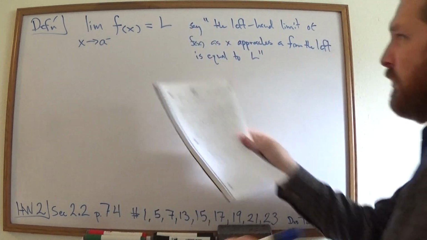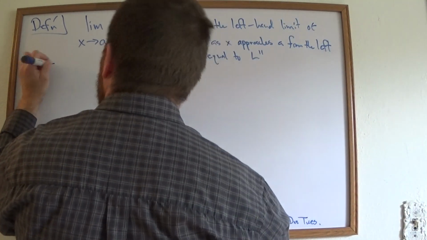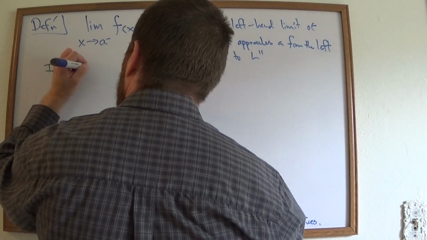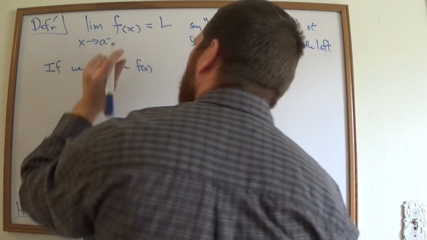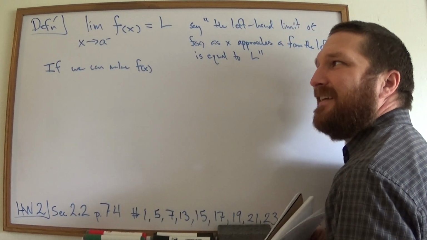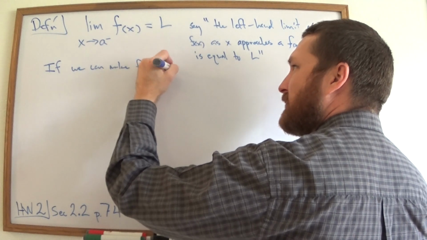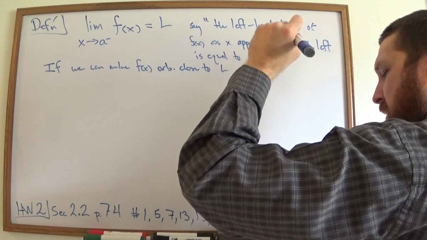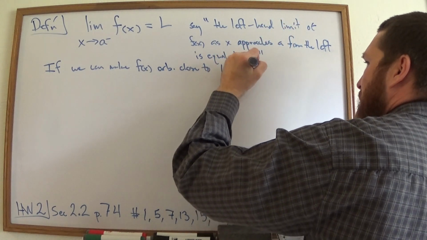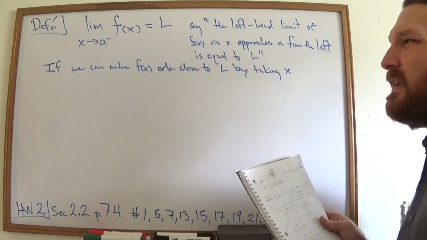We write that, and we say that if we can make f arbitrarily close. And by the way, by f, we were talking about the outputs of f, right? If we can make those outputs of this function arbitrarily close by taking x values, just like what we were doing.